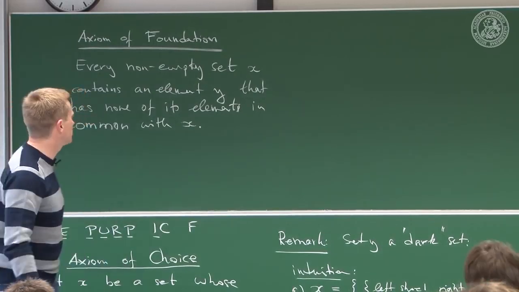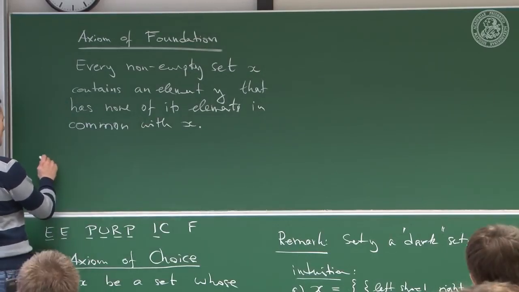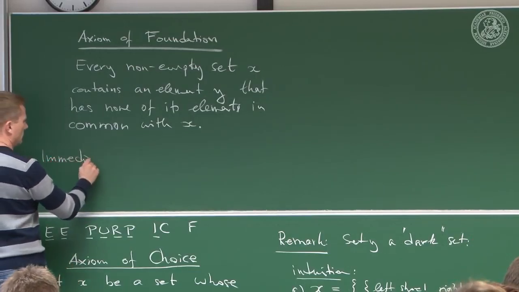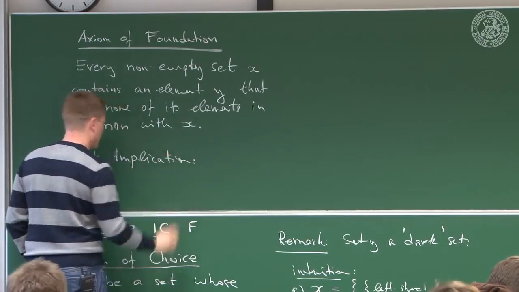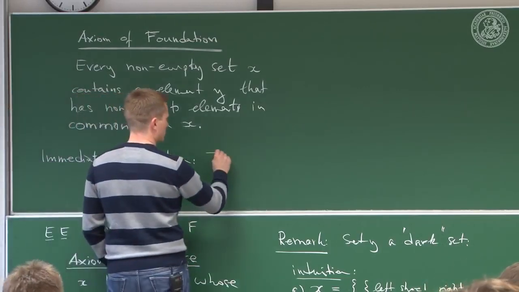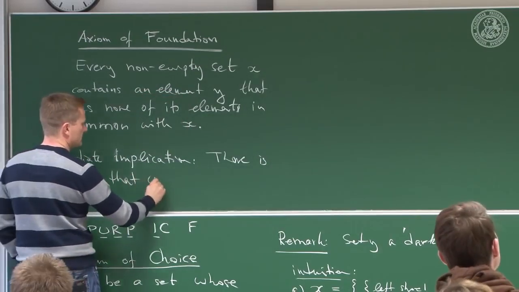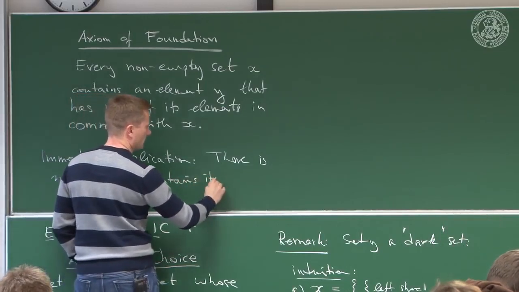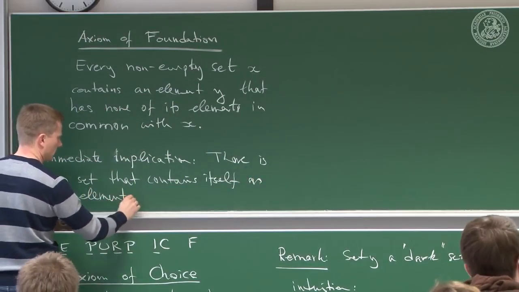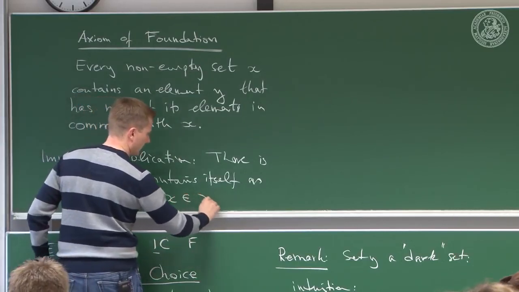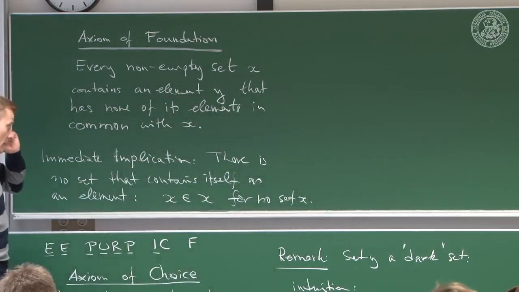So it's a non-existence axiom, if you wish. It excludes certain situations. So an immediate implication is that there is no set that contains itself as an element: X is not an element of X, for no set X. Okay?